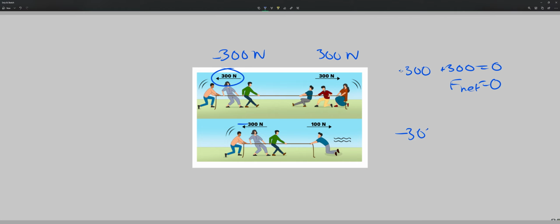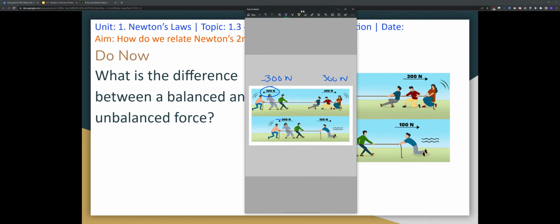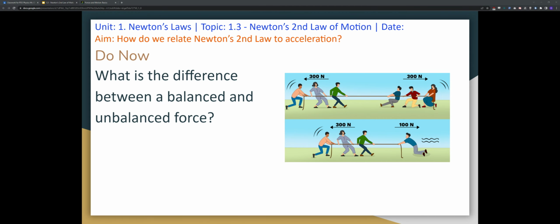You have a negative 300 newton force plus a 100 newton force, and that gets you negative 200 newtons. And so your net force on the bottom is negative 200 newtons. So the forces on the bottom are unbalanced, and the forces on the top are balanced, right? Balanced forces is when your F net is 0, and unbalanced is when your net force is not 0.